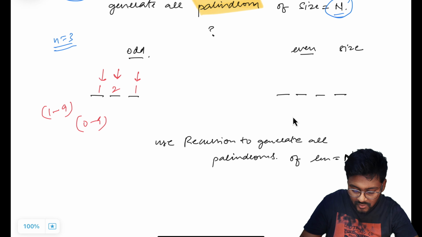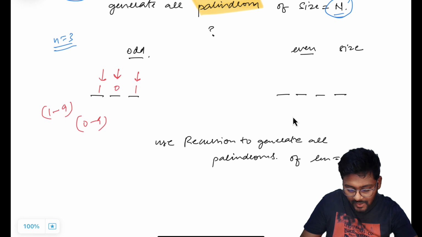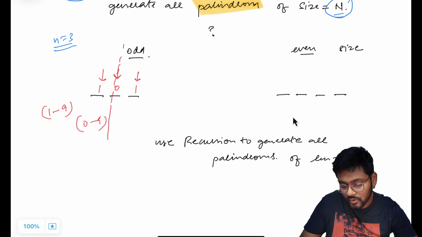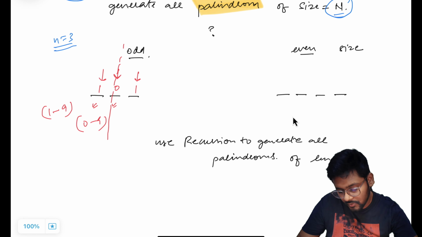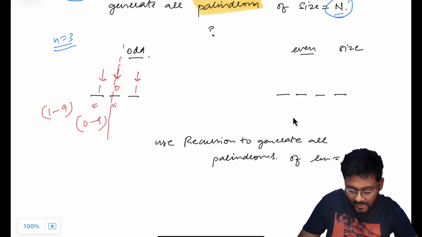Let's say I picked 2, or let's say I pick 0, then it is fine. But after that, I don't have to cross it. Why? Because this is the middle, so we don't have to cross the middle. We have to go to index 0, we have to go to index 1, but we don't have to go after that. At index 0, I can place anything from 1 to 9. At index 1, I can place anything from 0 to 9.